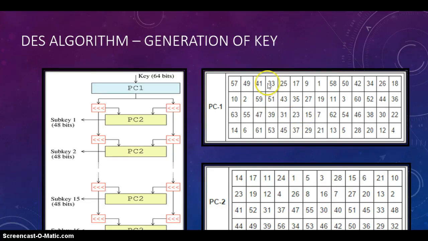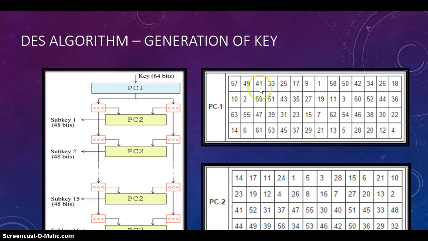We are going to take our key of 64 bits and reorder the bits. So in the first place of our permuted key, we are going to have our bit 57. In the second position, the bit number 49.